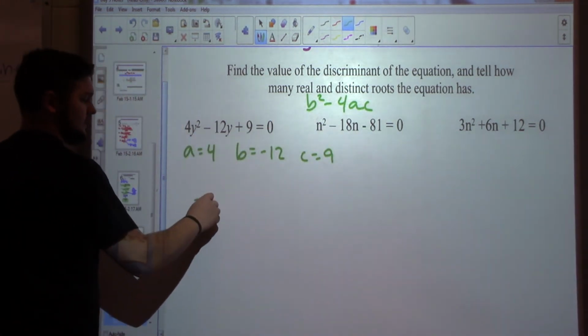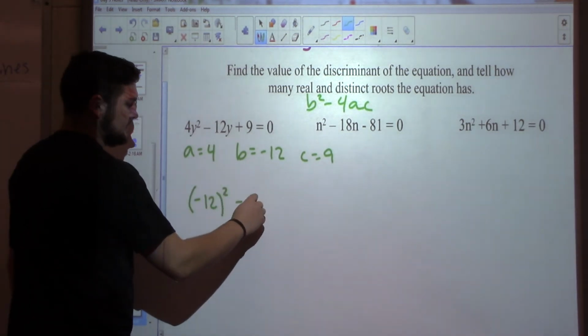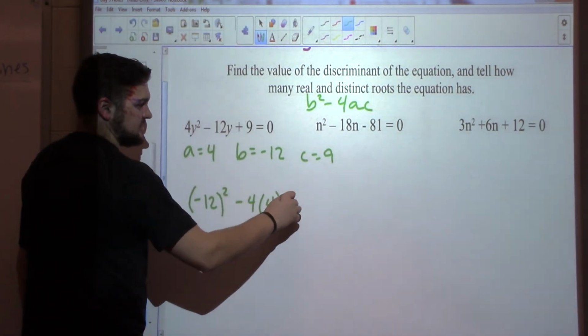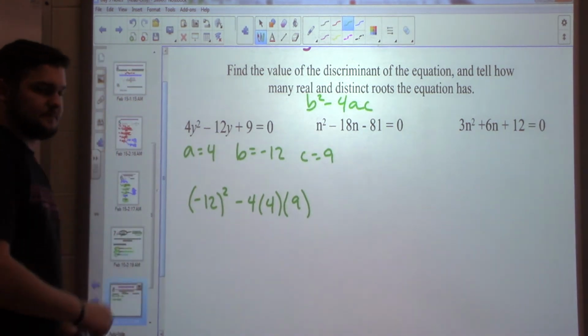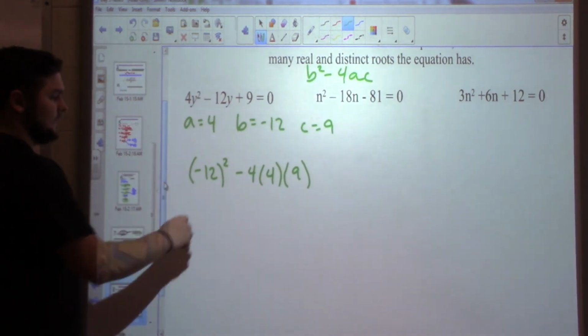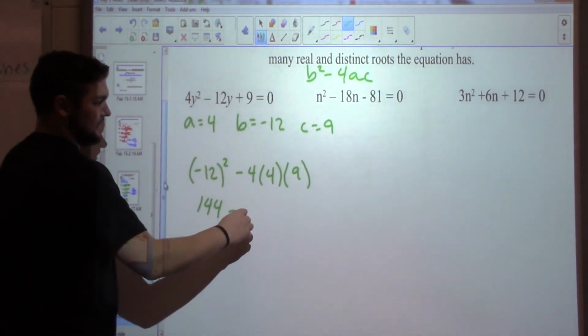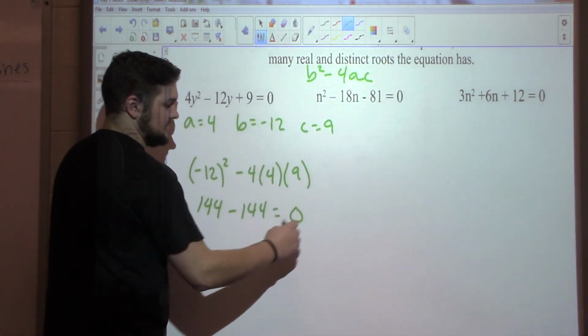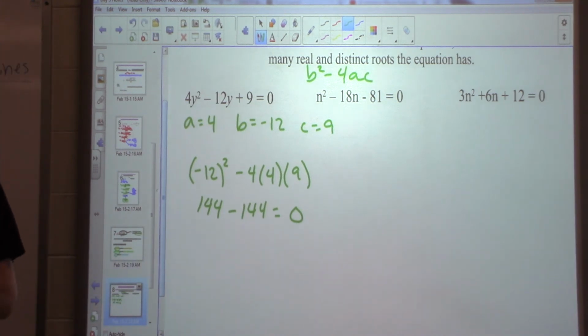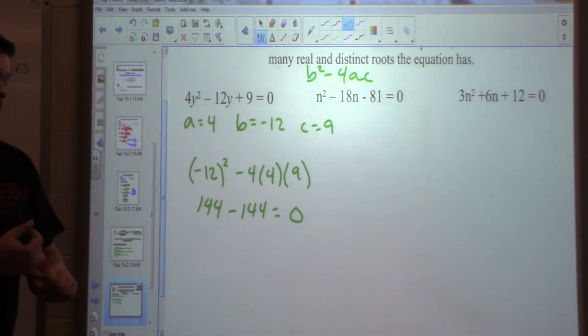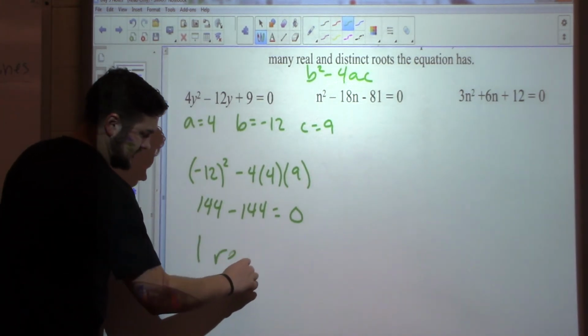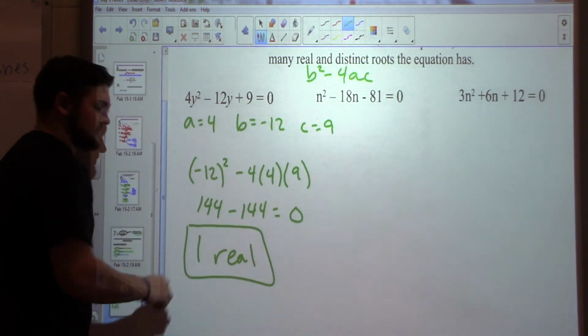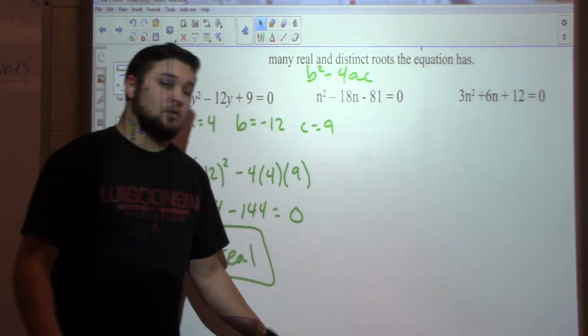I get negative 12 squared minus 4 times a, which is 4, times c, which is 9. 144 minus 144 gives me 0. If we get 0 for our discriminant, what type of solution am I going to get? 1 real solution. That was quick. We can do one more.